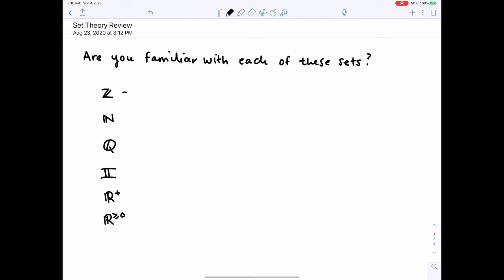So this first one, this is the integers. And this just consists of all the numbers. We've got 0, and then we've got plus or minus 1, plus or minus 2, etc. N stands for the natural numbers.